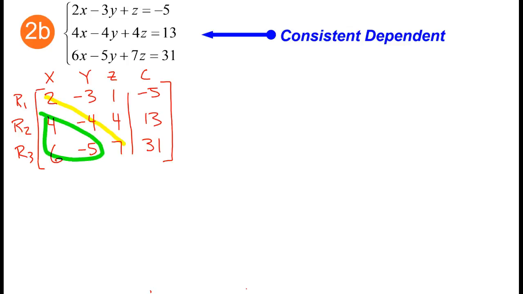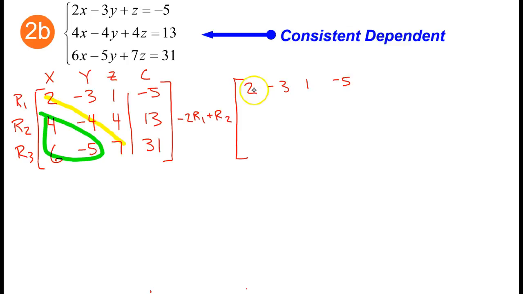So the first thing I'm going to do is multiply -2 times row 1 and add that to row 2. Row 1 will remain unchanged: 2, -3, 1, -5.